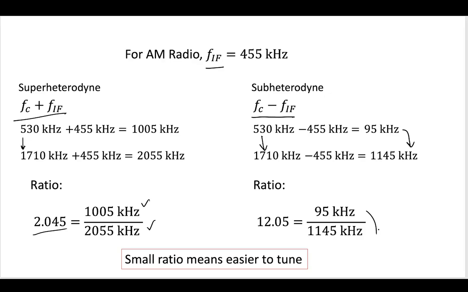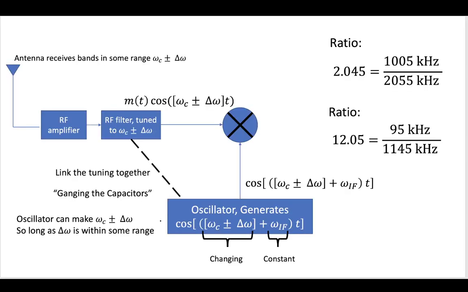if you use the subheterodyne process. So this is why radios use the superheterodyne process, and many things use it, where your mix frequency is going to be the sum rather than the difference. The superheterodyne process has a smaller ratio between the minimum and maximum values, and that makes it a little bit easier to tune.